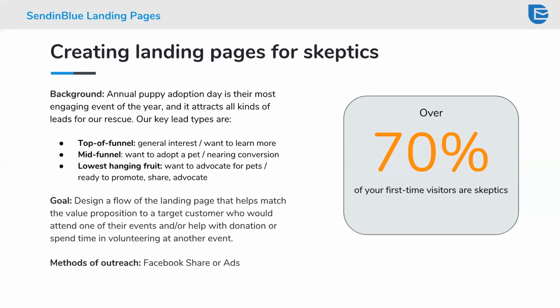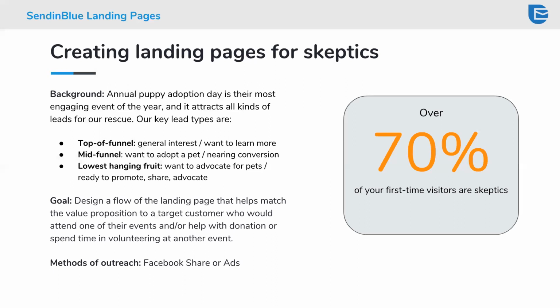And then the low-hanging fruits are people who love pets in general, but can't afford to have pets at the moment, whether it's the living condition they are in, apartments that don't allow pets or what have you. But they love to promote or volunteer at certain events where they can play around with pets or bring their kids.